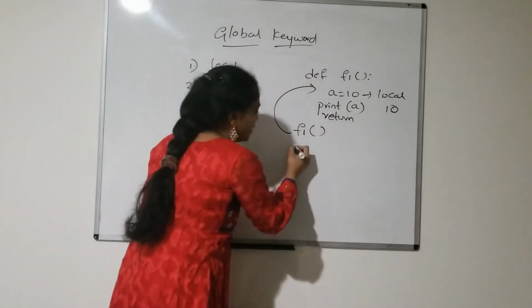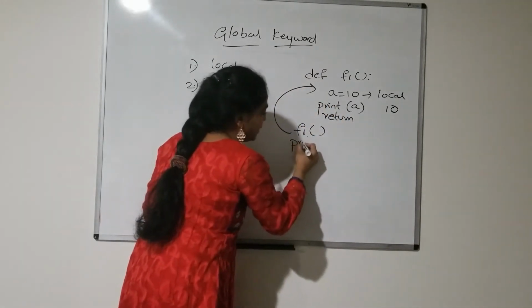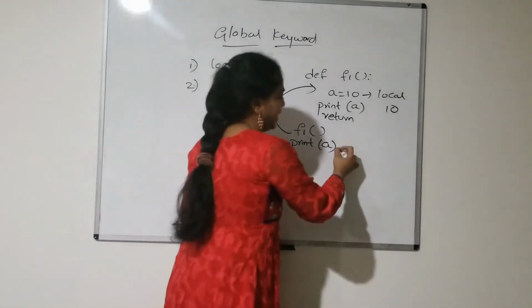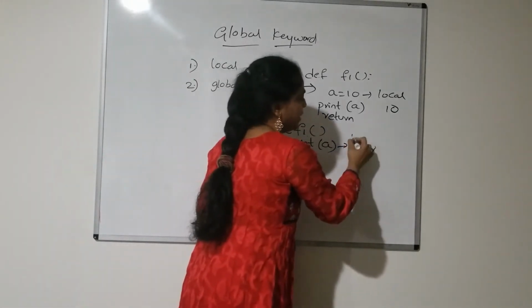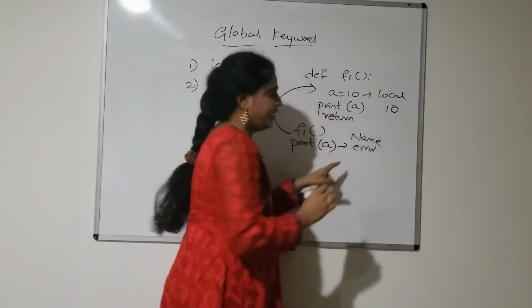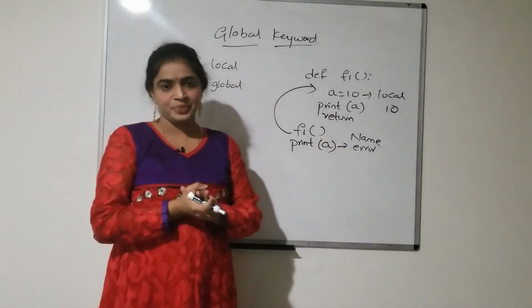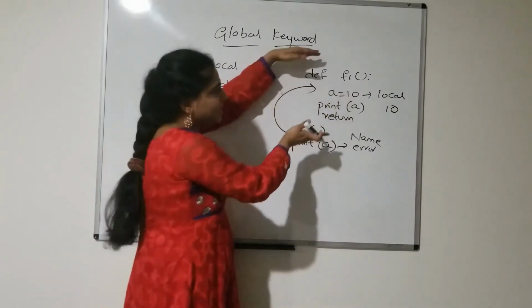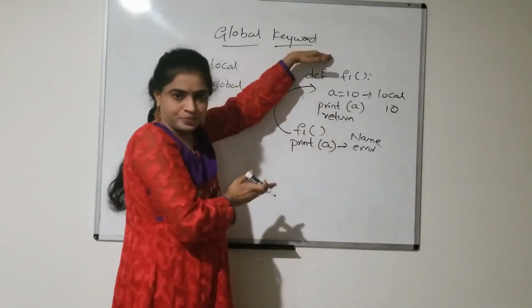Suppose outside the function call I write print of a. Here you will get an error message, a NameError, because a is a local variable and its scope is up to that function only.